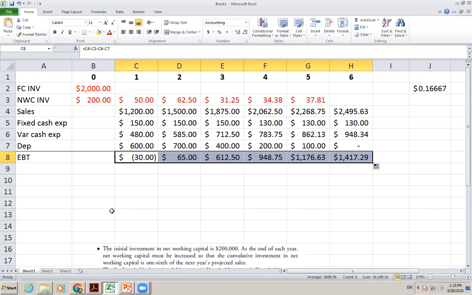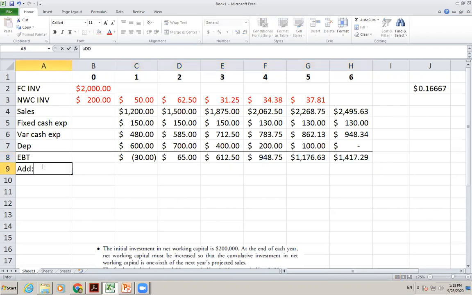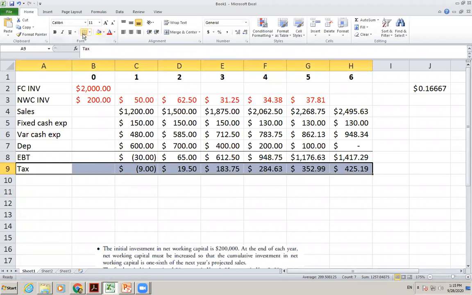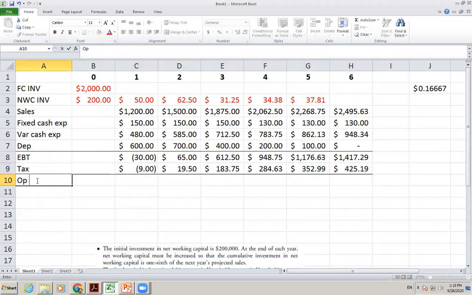Then the next step is to add back the depreciation. Sorry, we just forgot to make the taxation. We need the deduction of the tax. The marginal tax rate is 30%, so 0.30 times this. And we will get operating income after tax.